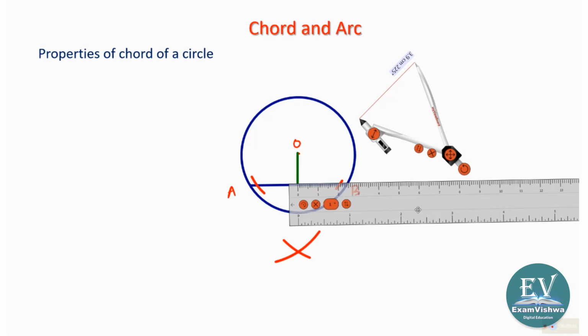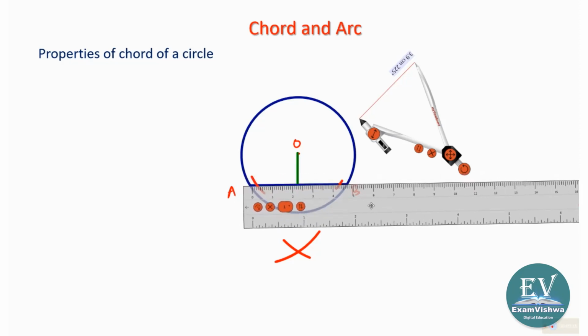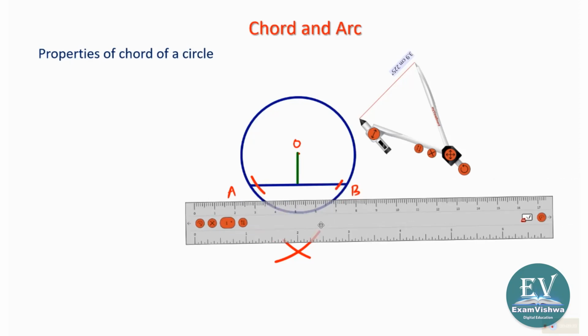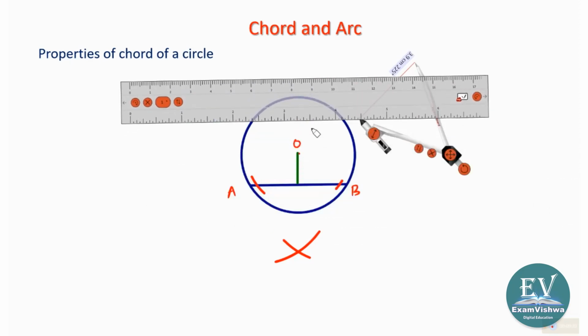It is 2.123 around, and on the other side also it is 2.123. That means this particular perpendicular drawn from the center of the circle to the chord divides the chord equally. It bisects the chord. Bisect means divide equally.